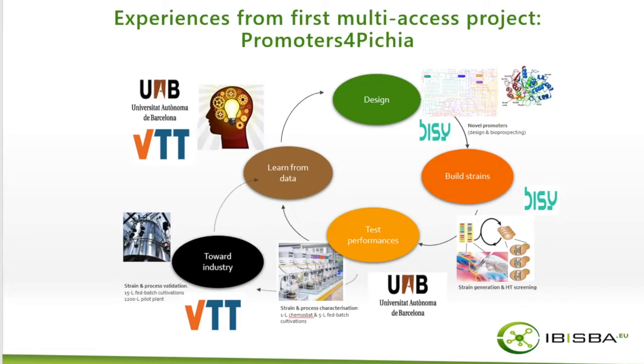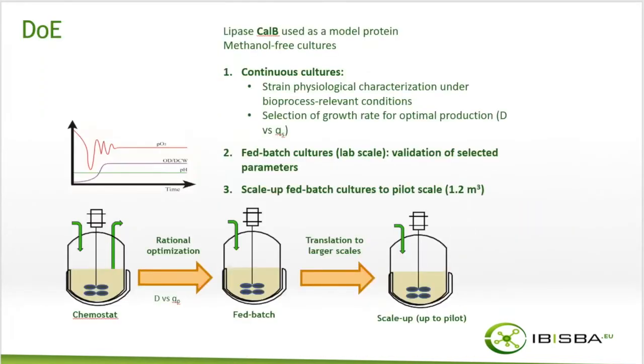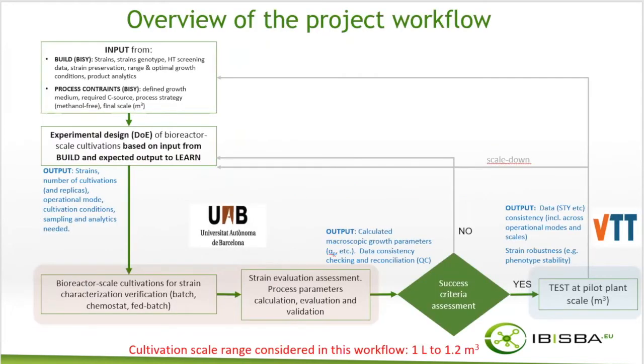Even for the lab scale testing, we essentially designed a series of continuous and fed-batch cultures, with the aim to identify the optimal parameters, for instance in terms of growth rate, for production of recombinant protein with this new genetic tool. And we decided on the experimental setup.